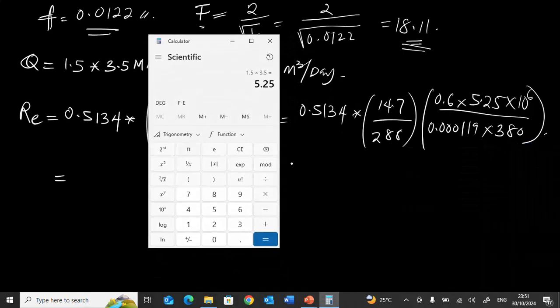Now, if you use your calculator to calculate 0.5134 times 14.7 times 0.6 times 5.25 exponential 6 divided by 288 divided by 0.000119 divided by 380.